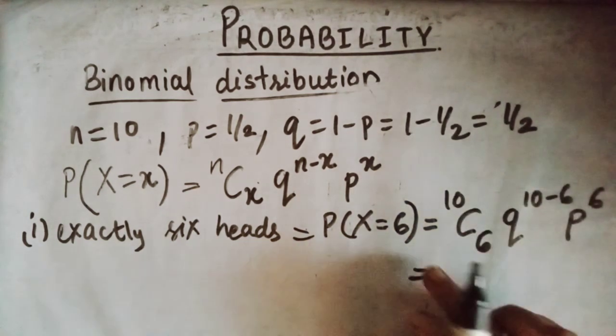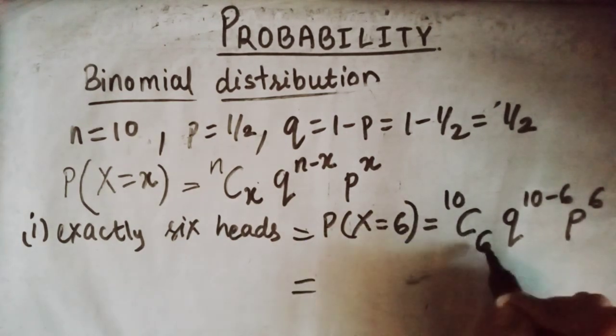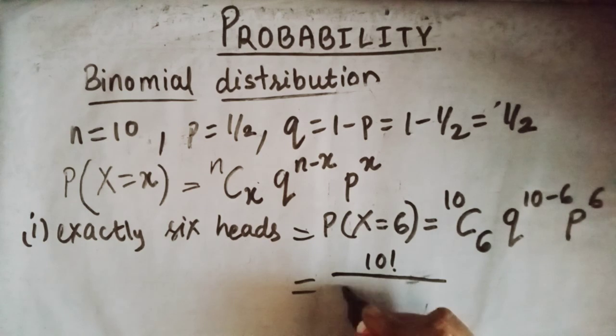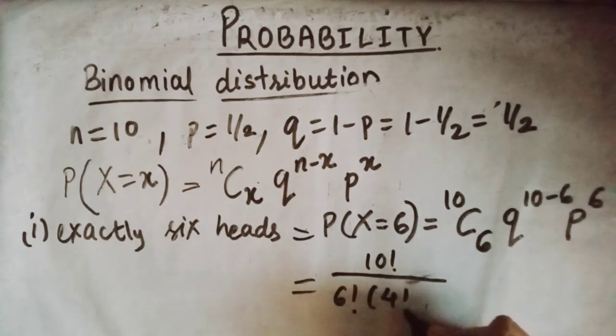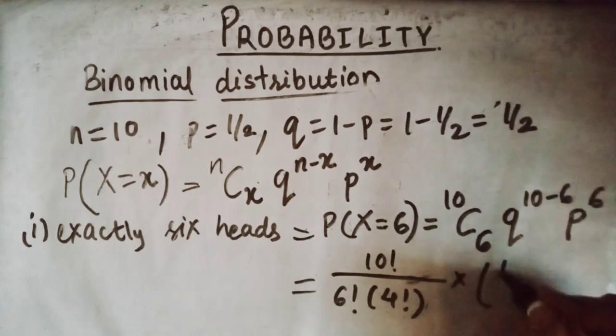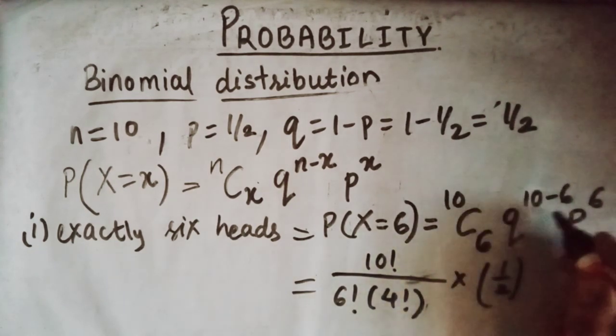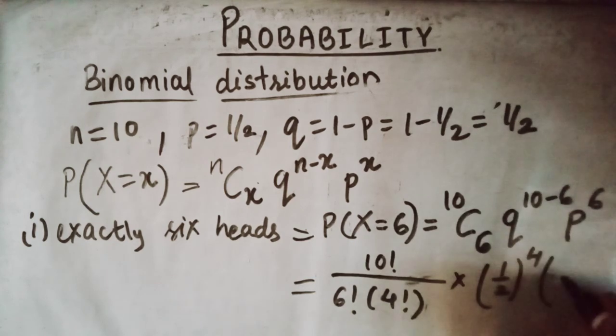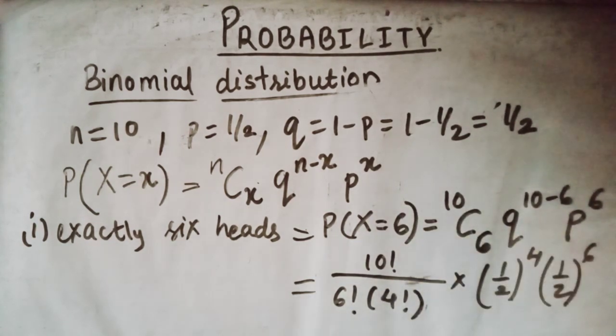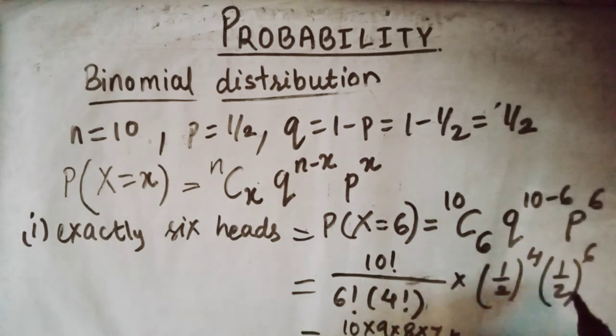Now substitute here. So n is 10, c 6, q raised to 10 minus 6, p raised to 6. So 10c6 is 10 factorial upon 6 factorial, 4 factorial, into half raised to 4 and half raised to 6.